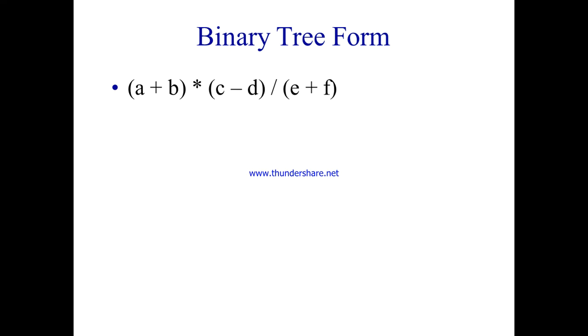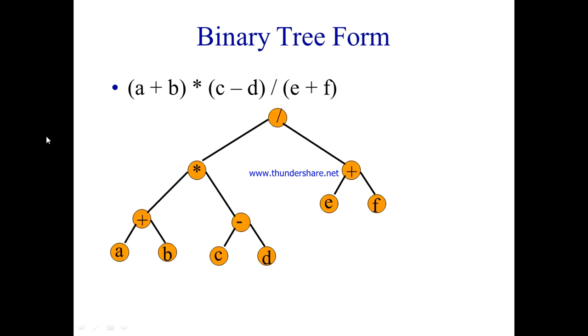Now if you take the long expression I have taken, how will it be? To represent this we are using the binary tree. From where are we going to start? A plus B. This result has to be multiplied with C minus D. So this result and this result are applied to what?